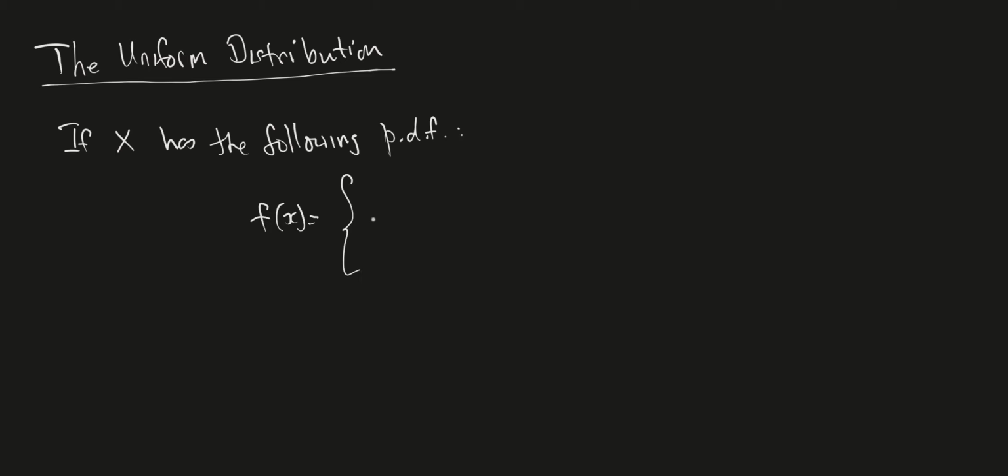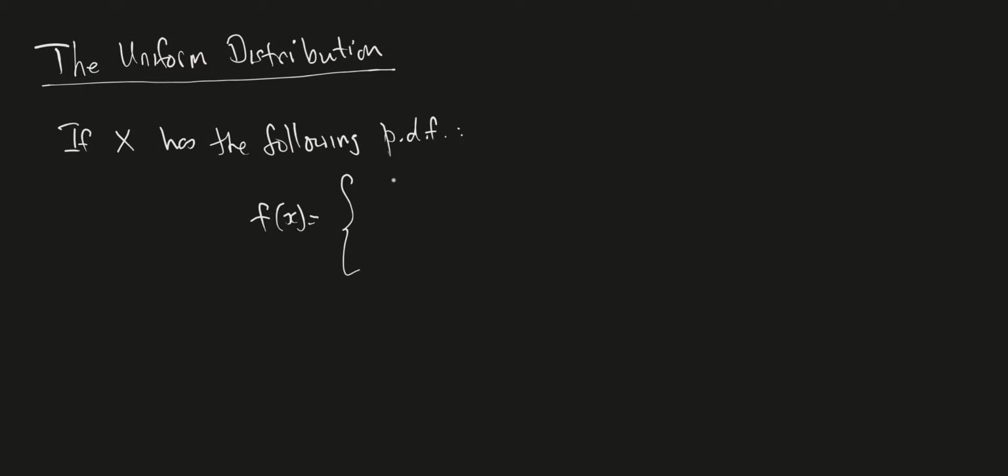So let's introduce some notation that we will use for the uniform distribution. So if x has the following PDF, right? So if it looks like this, so here's our function.